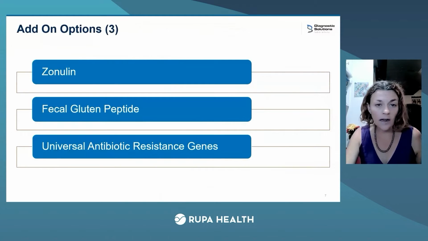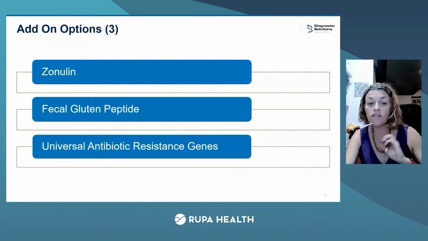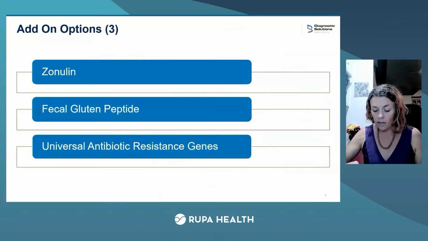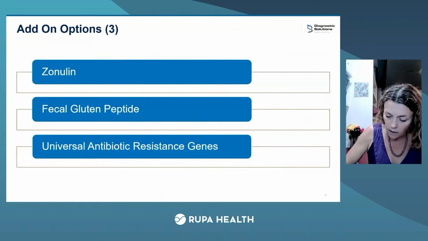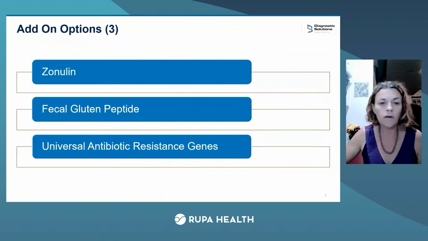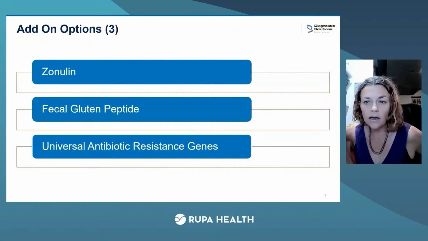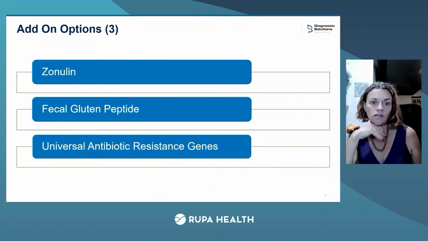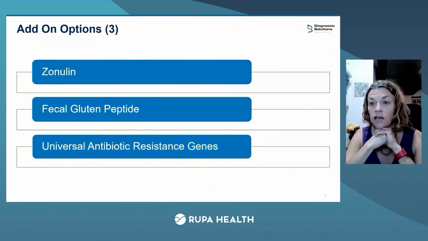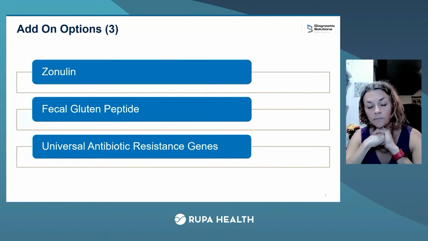And then there are 3 add-on options for the GI map. Zonulin is an add-on, and then we have a cool fecal gluten protein marker that I feel like a lot of people don't know about. I haven't put that into the presentation today, but that's something we can review in future sessions if you'd like. This is essentially a direct assessment of gluten peptide in stool, so it can be a test to monitor patients' gluten-free compliance.